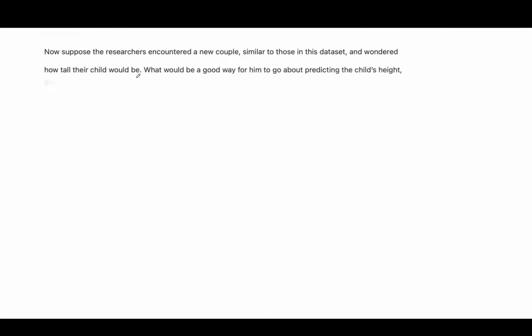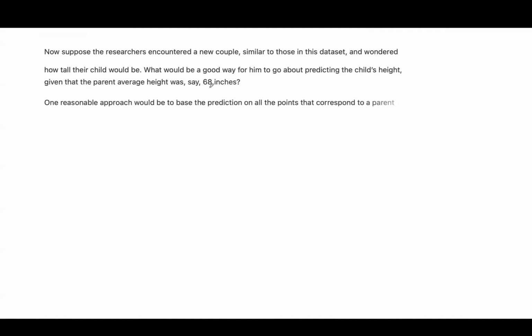Suppose the researchers encountered a new couple similar to those in the data set and wondered how tall their child would be. What would be a good way for him to go about predicting the child's height, given that the parent average height was, say, 68 inches? What's the mathematical formula that we're going to use here?